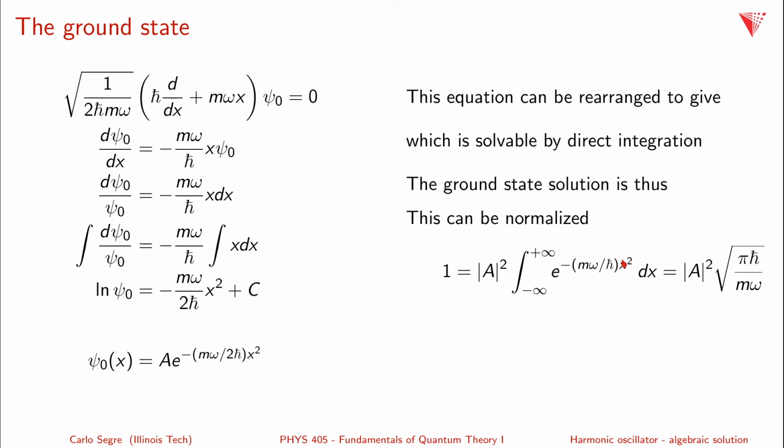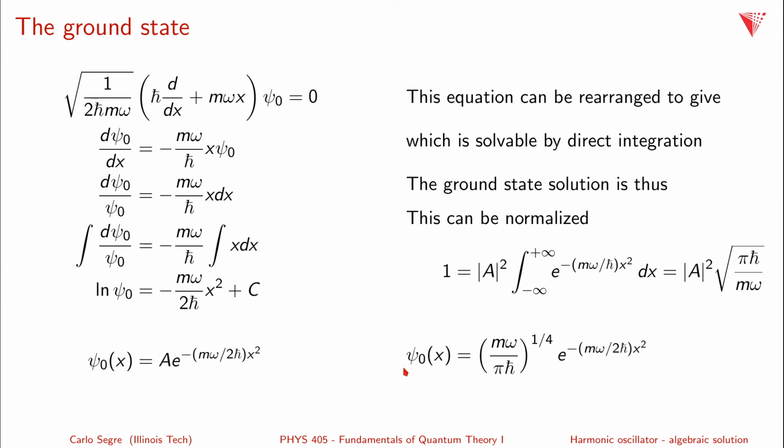And we know what the integral of a Gaussian is. It's the square root of pi divided by what's in front of the x squared. And so we get A squared is equal to the square root of pi h bar over m omega.